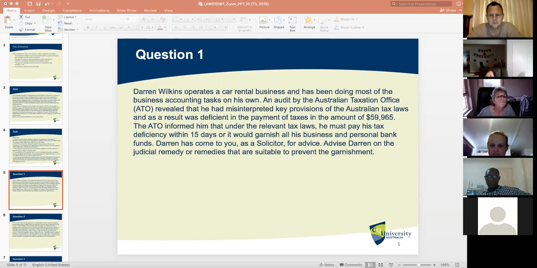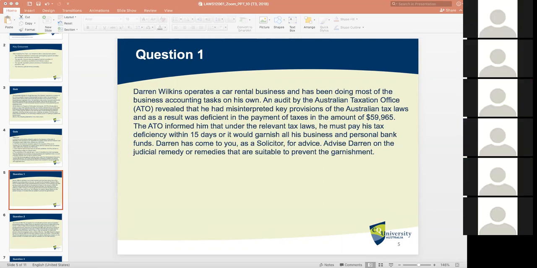Historically, it's more about the equitable remedies came about because of the inflexibility. It was very black and white historically with the other common law rights, where there wasn't any flexibility for the courts to tailor remedies to suit individual cases.